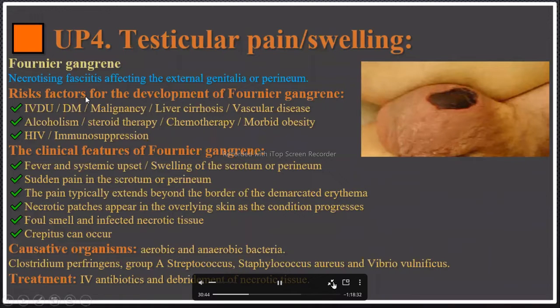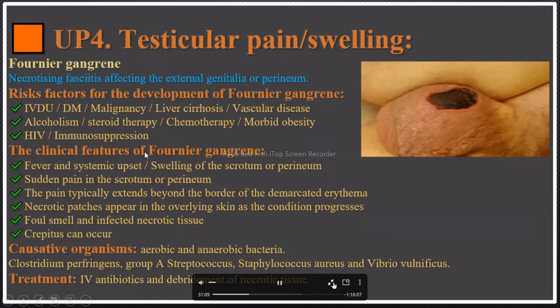Risk factors, like any infection: IV drug user, diabetes, malignancy, liver cirrhosis, vascular disease, alcohol use. So drugs or alcohol. Steroids also, because they affect immunity. Chemotherapy, morbid obesity, HIV, immunosuppression.